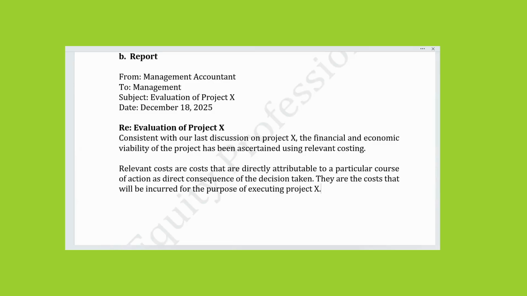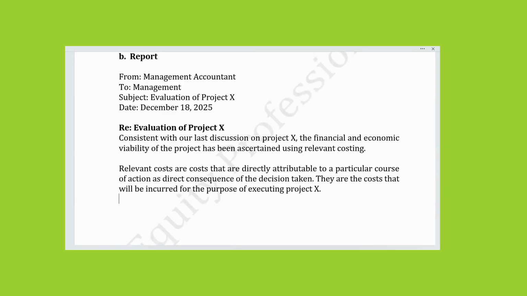So I've explained what relevant costs are, and at the same time, I've let the management understand that these relevant costs are costs that will influence Project X. They are the costs that we are going to incur because of Project X.